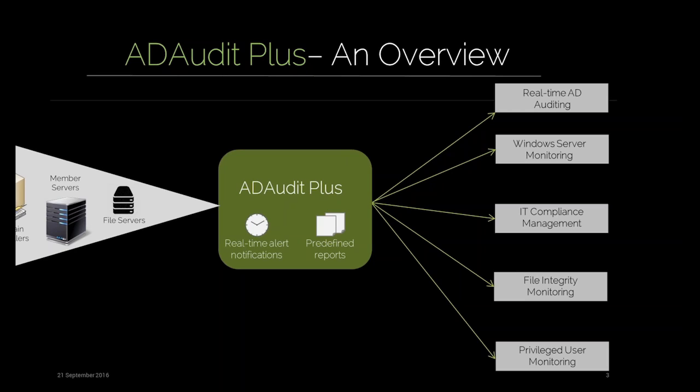Okay, that's the member server auditing. And again, the tool is not going to install any agents on the member server or on the domain controller or even on the file servers. So that's the second report we have, member server auditing, which will give you the details about all the changes that happen on the servers.